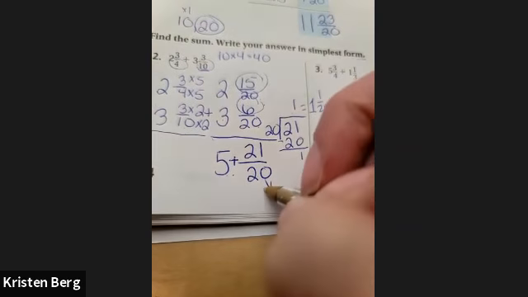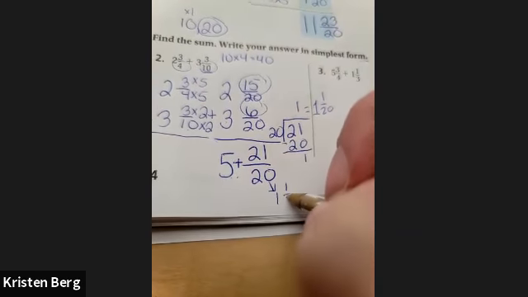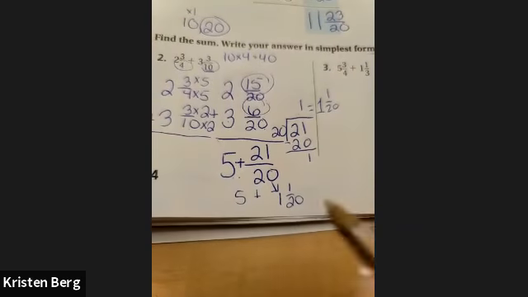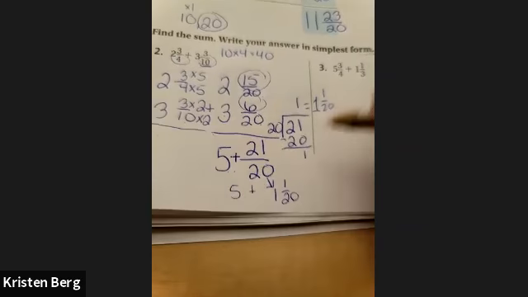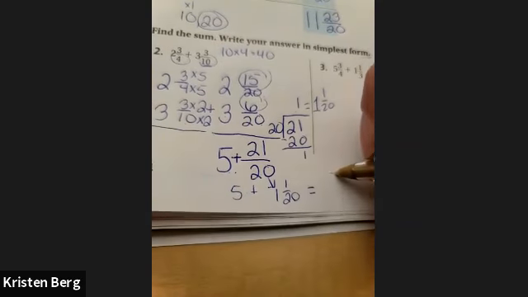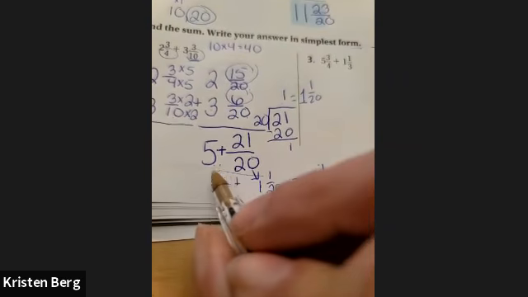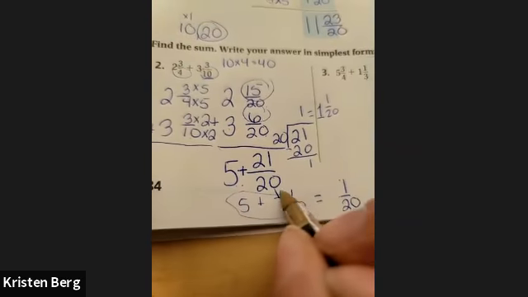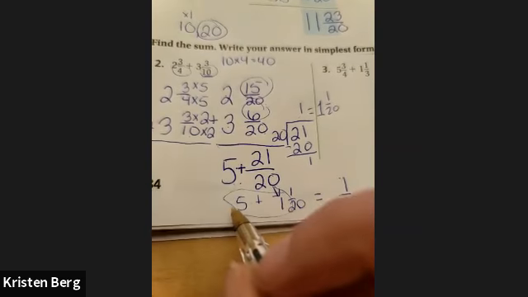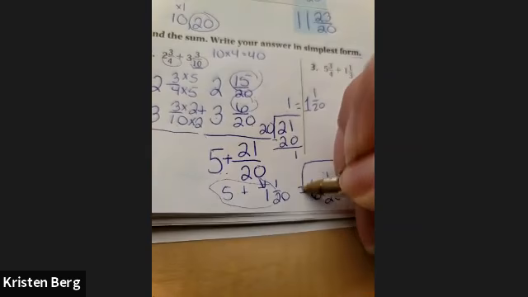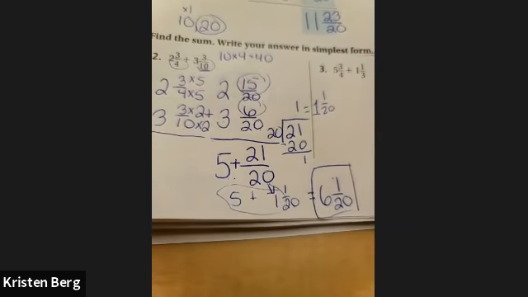So this is 1 and 1/20th plus 5 wholes. So 1/20th plus nothing is going to be 1/20th still as a fraction. And then my whole numbers is 1 plus 5. What is 1 plus 5? That is 6. So therefore my answer is 6 and 1/20th.